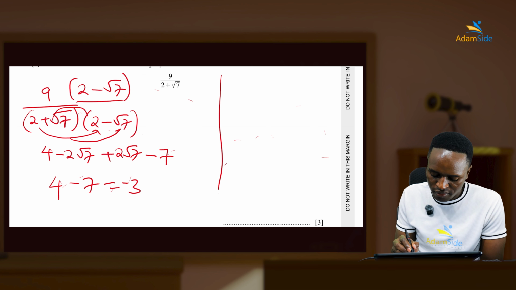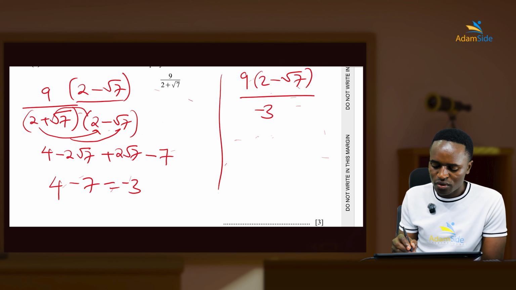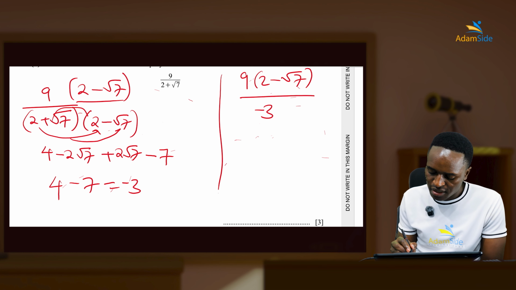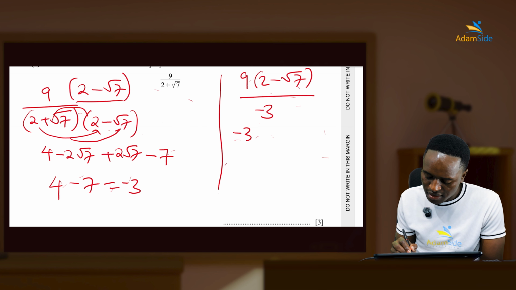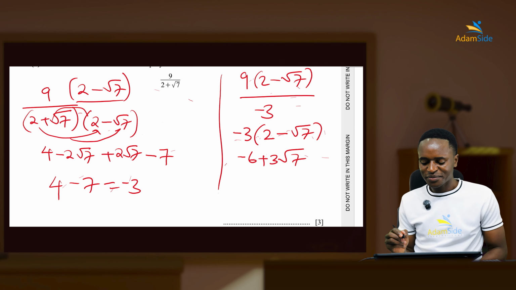On top, you have 9 into 2 minus root 7. But at the bottom, you have minus 3. So if you simplify that, you get minus 3 times 2 minus root 7. Multiply, you get minus 6 plus 3 root 7.